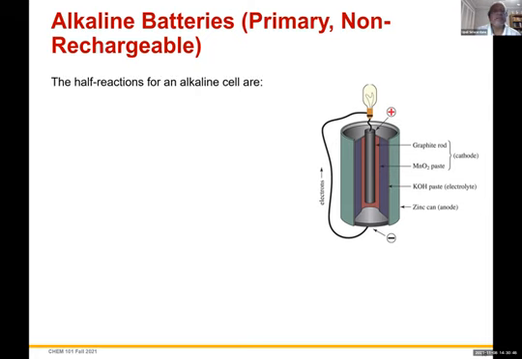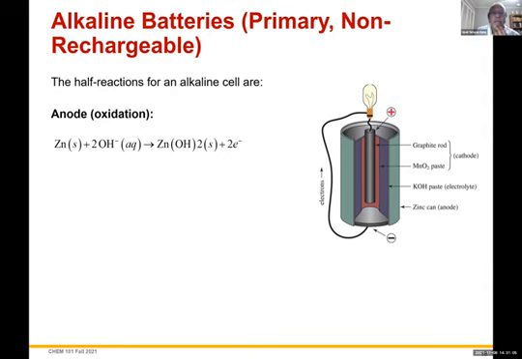The reactions take place in the anode. Zinc is the anode. Zinc goes to zinc 2 plus with the alkaline KOH, so zinc hydroxide is produced.